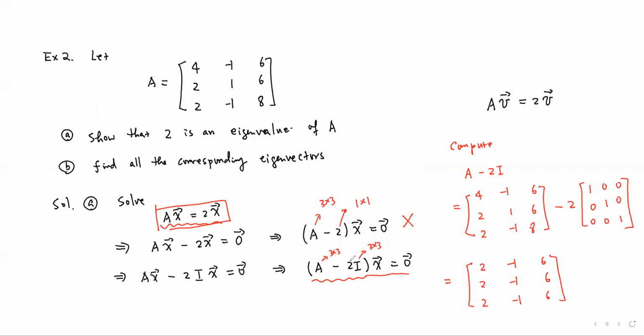Now part 2. Now 2 is an eigenvalue. Find all eigenvectors.